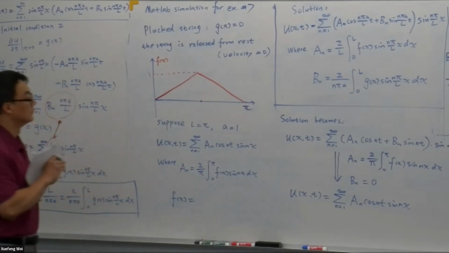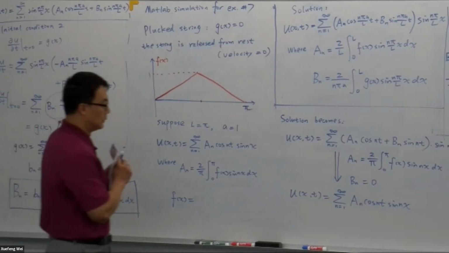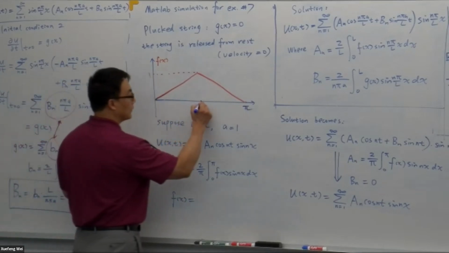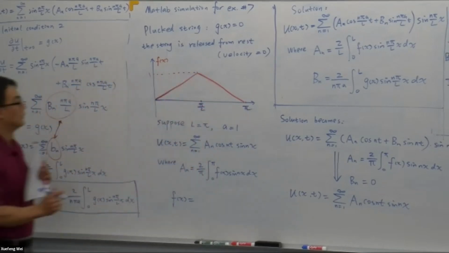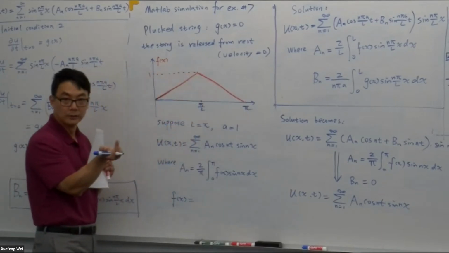For x from 0 to pi over 2, what would the slope be? What's the slope of this first half? It's 1 over pi over 2, so 2 over pi.